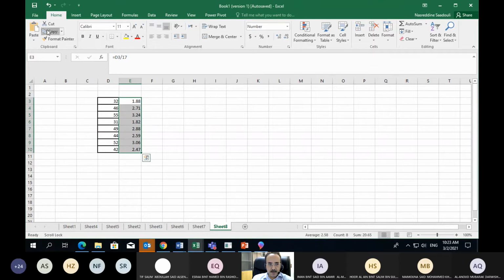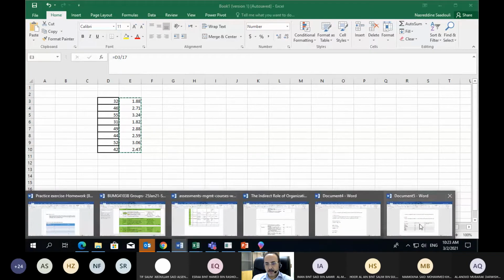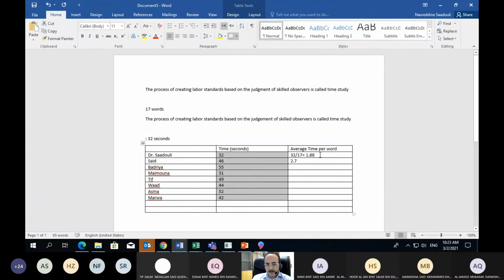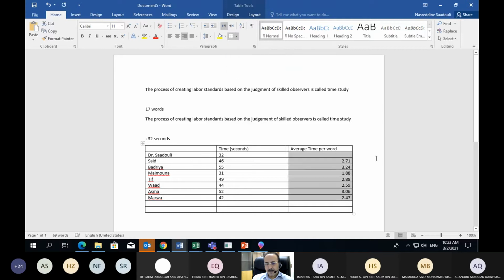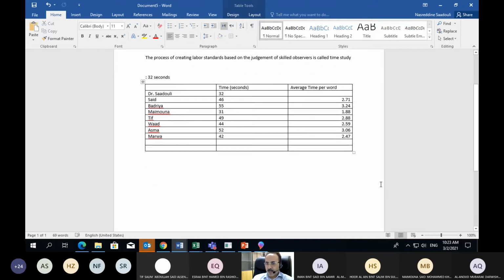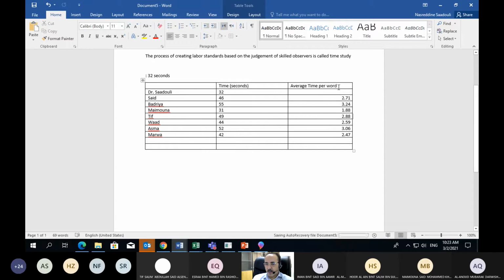There we go. Copy, and we're going to paste it down here. All right, so now we have an average time per word in seconds.